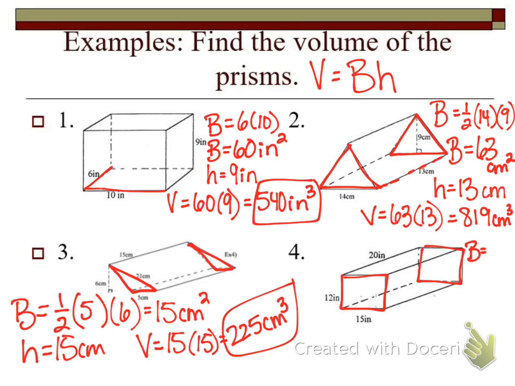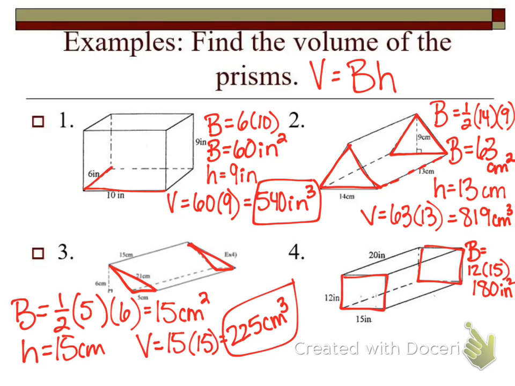So if we take 12 times 15 to get our area of that base, what do we get? 180 inches squared, because it's area. What's the height of that prism?